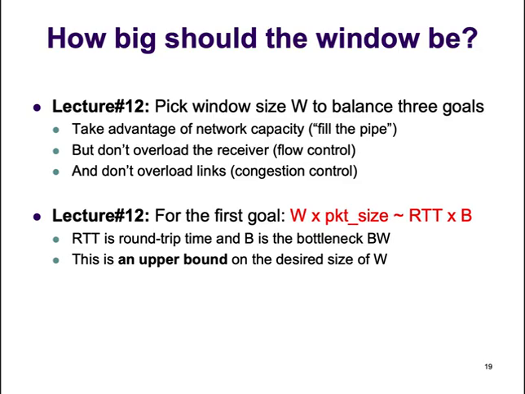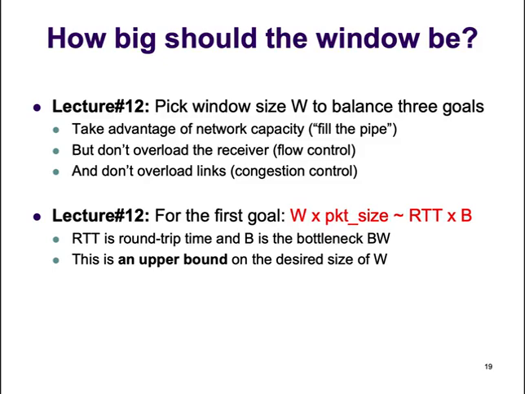Yeah. So the intuition was, if I take the path from the source to the destination, every link along that path has a certain bandwidth. One of those links, which we call the bottleneck, has the least bandwidth or the least capacity. I can never send faster than the bottleneck capacity. That's as much as I can send. But I also want to keep the pipe full, so I want to keep sending as much data as I can.